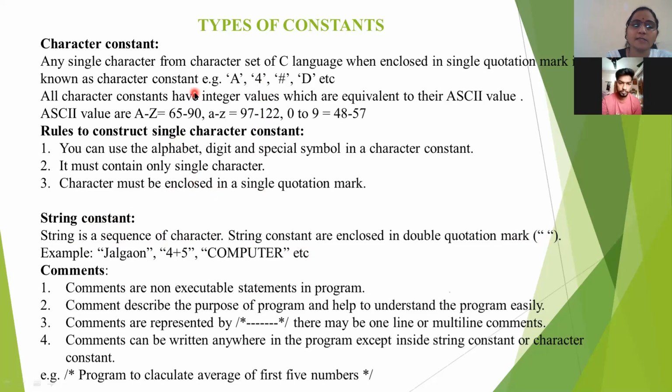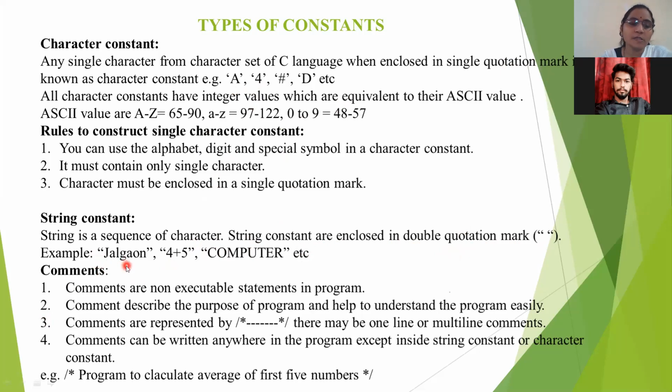Character is a single character, but string is a sequence of characters, means a collection of characters. Character constant is included in a single quotation mark, but in case of the string constant, it is included in a double quotation mark. This is the second difference. And the third difference is, yes, you can give the example of character constant as well as the string constant.